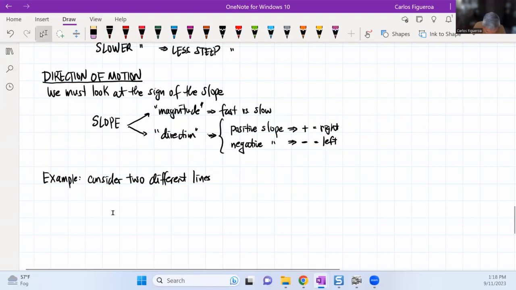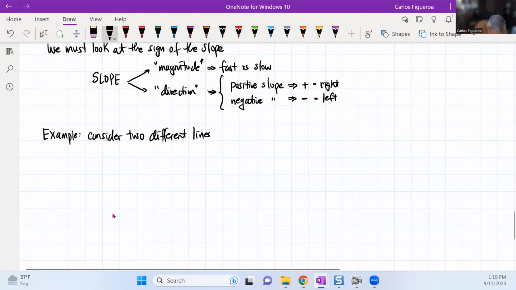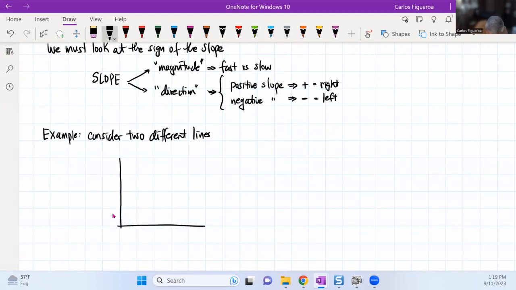So if I'm looking at this, what am I seeing here? So I have my graph, and what I'm looking at here is that I'm going to look at two different points. The first point is going to be this point 1.